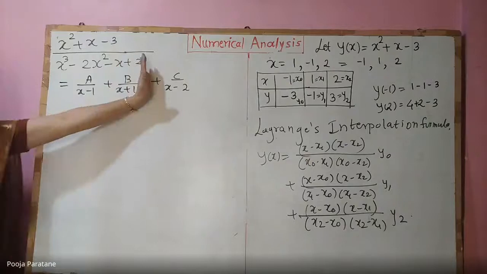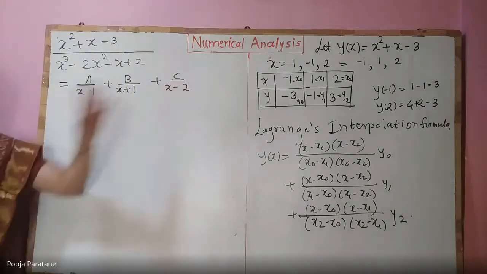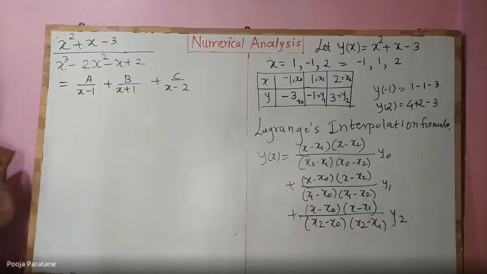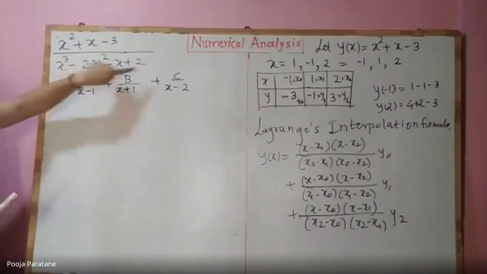If it is only up to two terms, it is okay. But if a third factor is there, the calculations become a little bit complicated. But here you will easily get the values of A, B and C.